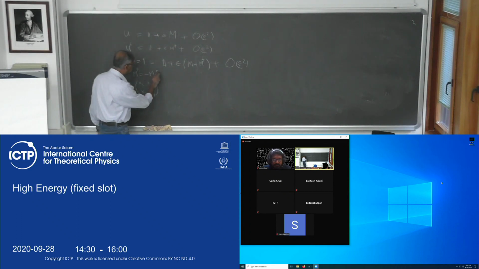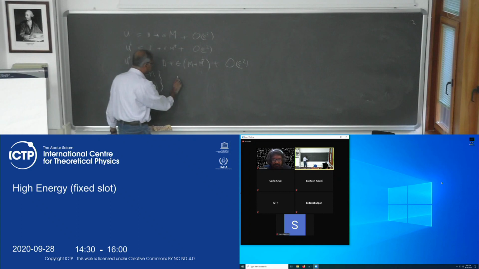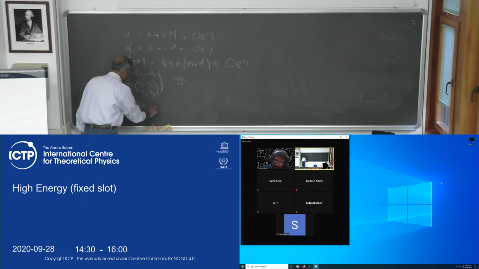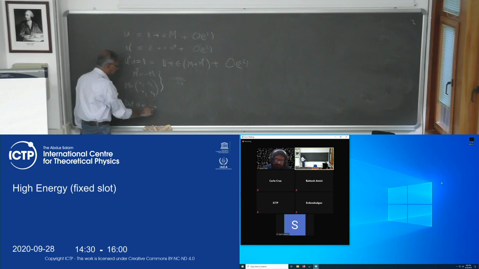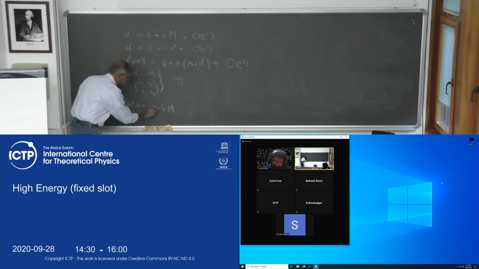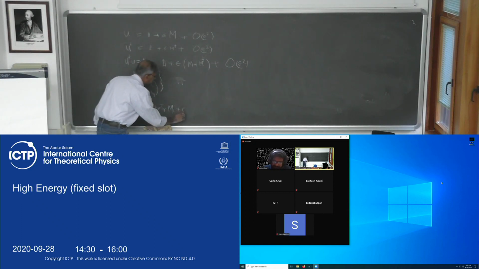And then from here, we found that the most general M can, of course, sorry, there's one more condition: determinant of U equal to 1. But determinant of U, if you expand in orders of epsilon, was simply 1 plus epsilon times trace of U, plus order epsilon squared.